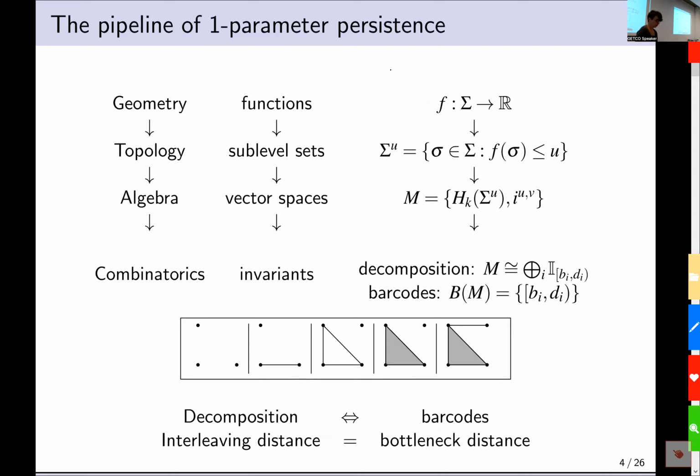So first of all, I'd like to say again that the decomposition one obtains here corresponds exactly to the barcodes one obtains here. And to compare barcodes, one can use distances.